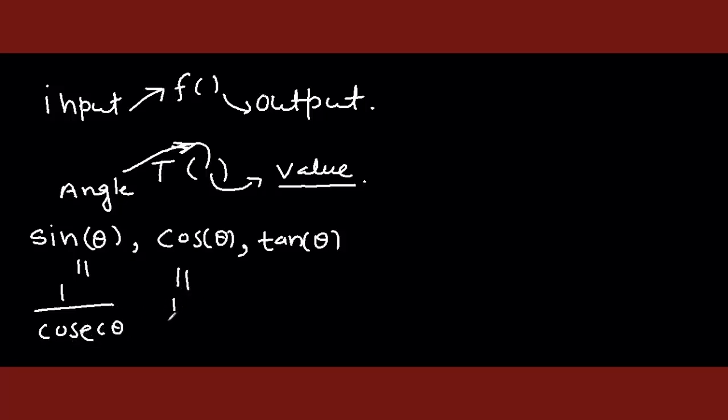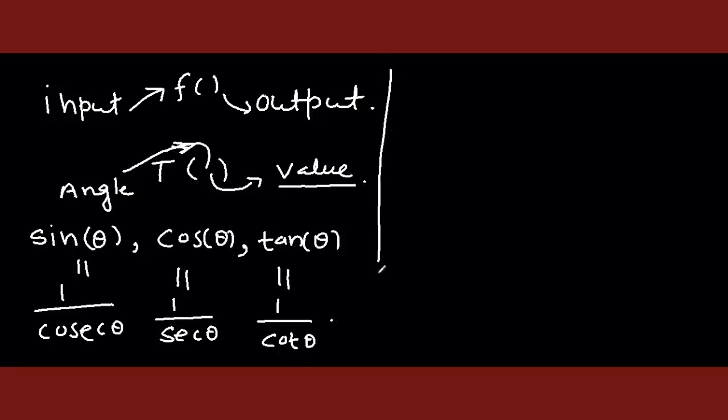Cos theta is given by 1 by sec theta, and tan theta is given by 1 by cot theta. Now we will see what is the meaning of these functions in a right angle triangle, and later on we will see that these functions can be generalized to any triangle.